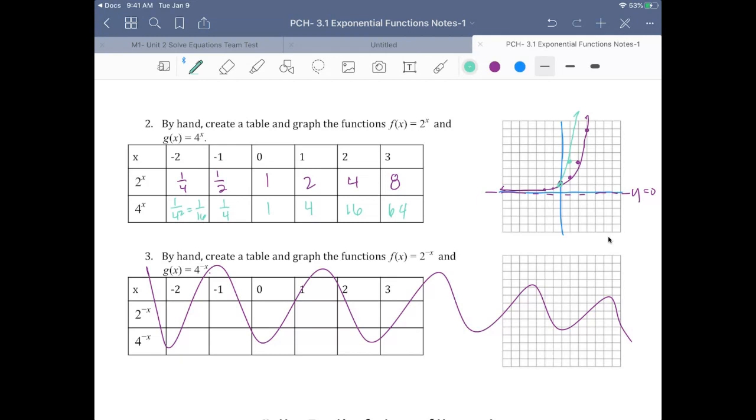And then after 1 in our fractions, we're going to go to 1/4 and 1/16. So we get closer to the asymptote faster on the negative side. So which is growing faster when our x values are positive? That would be 4 to the x. Okay, so the bigger the base, the faster the growth as x goes to infinity.